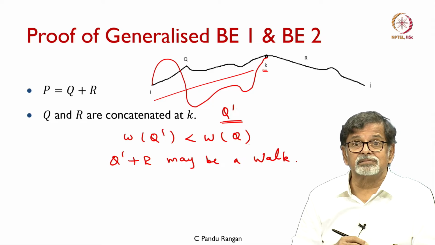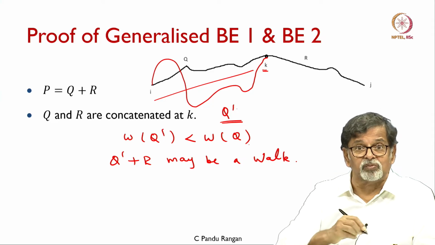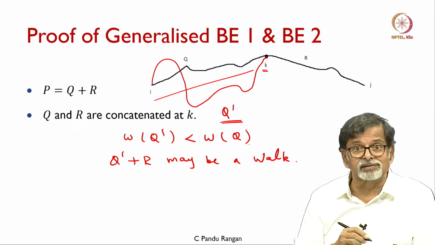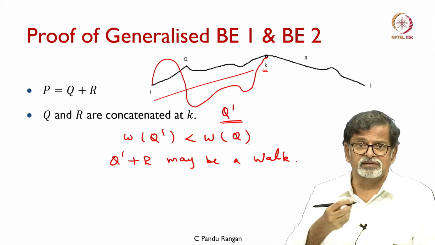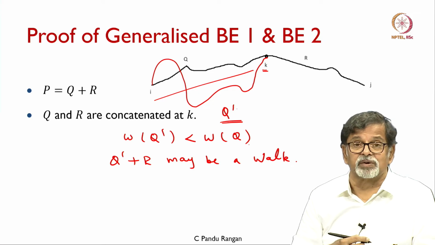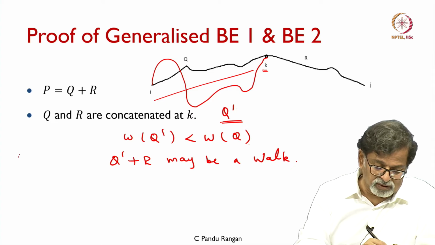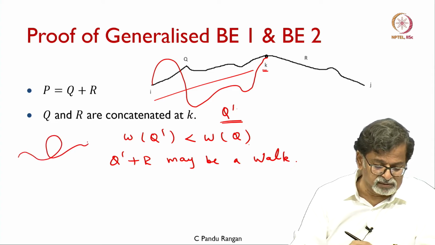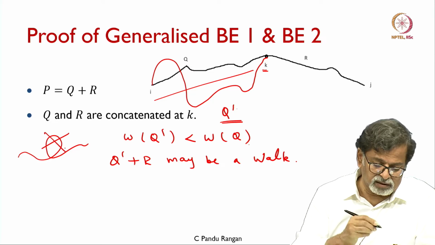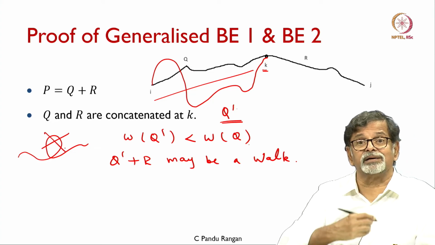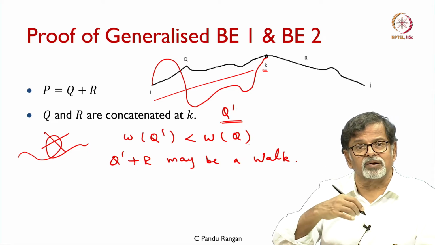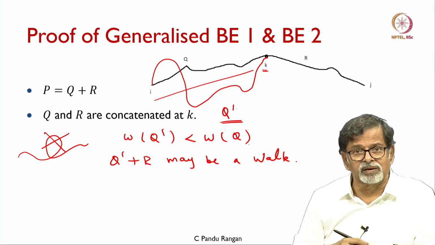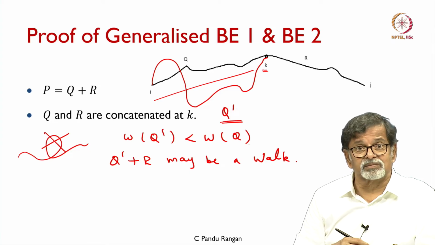Every walk has a sub-walk which is a path and its weight will be less than or equal to weight of the walk. This is a standard property in a graph that has got no negative cycle. If a walk has a cycle, I can knock the cycle out and get a shorter walk, and in this way I can keep knocking out all the cycles.